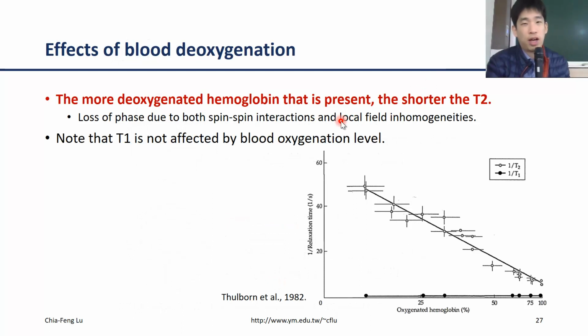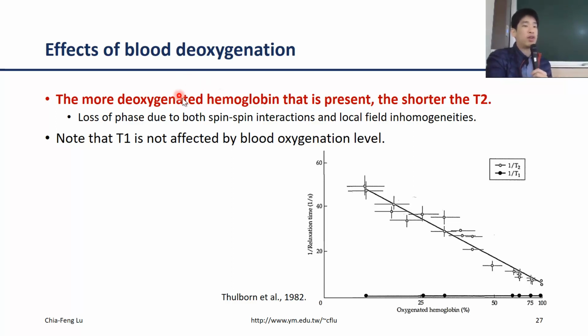And to translate this kind of phenomenon in a more scientific way, we would say that deoxygenated hemoglobin can shorten the T2 relaxation time. Okay, because a shorter T2 relaxation time will cause quicker signal decay in the MRI system.